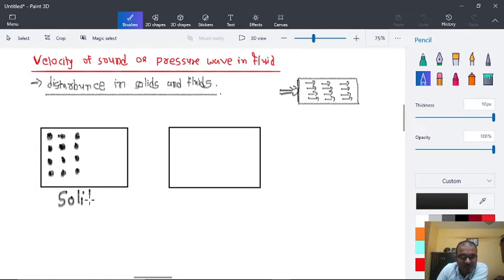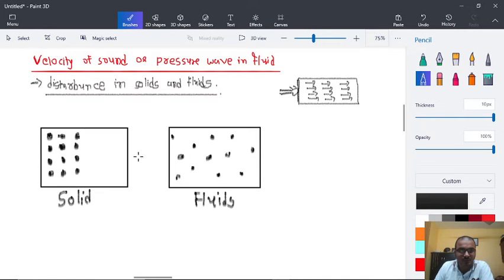Now in case of fluids, the molecules are far from each other. So the transmission of this disturbance will be lesser in comparison with the solid. Because of this, the speed of disturbance will be less in fluids than solids.